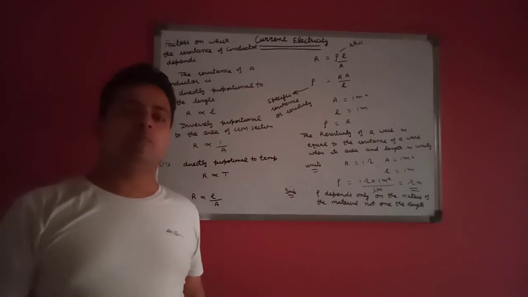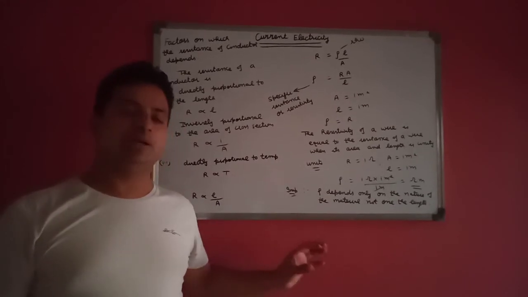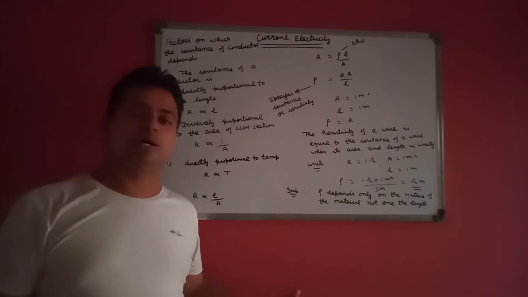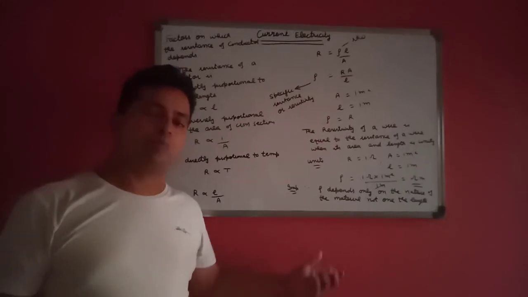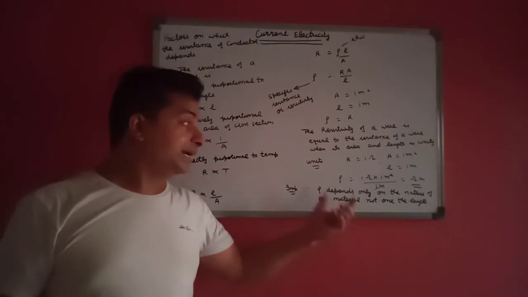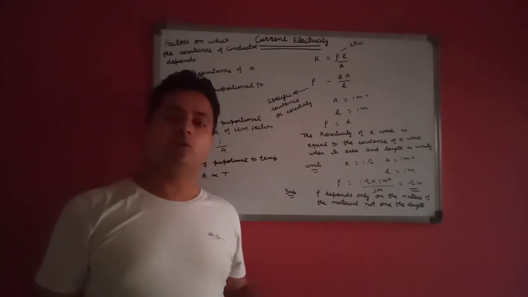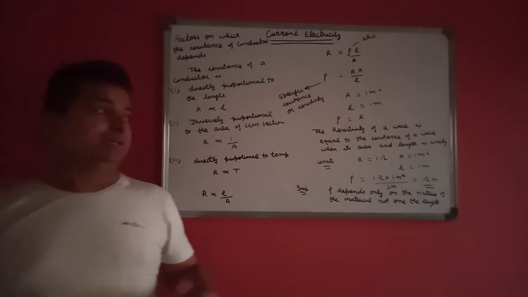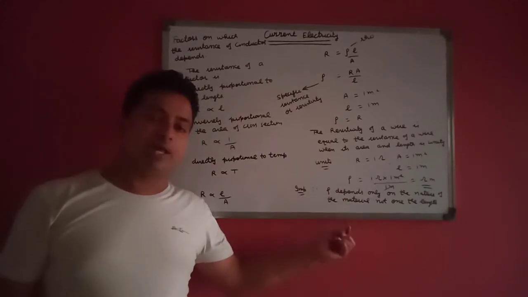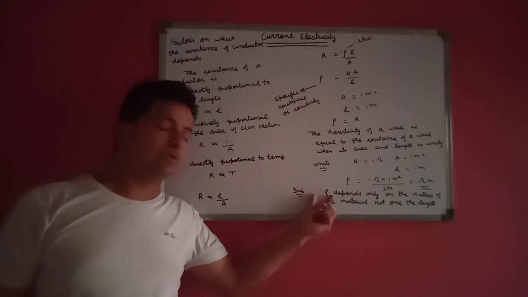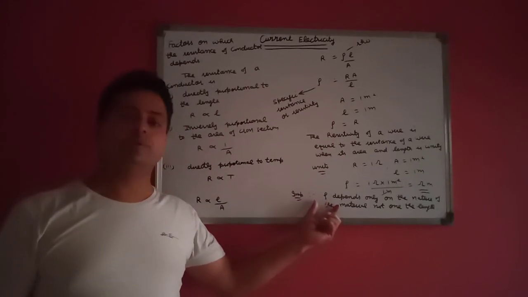It does not depend on the length of the wire, it depends only on the nature of the material, whether the wire is of iron or copper or other material. For copper its value is constant, for iron its value is constant.